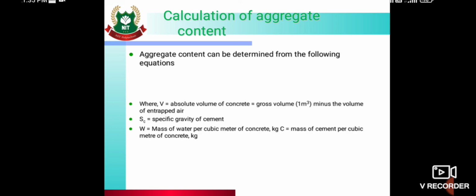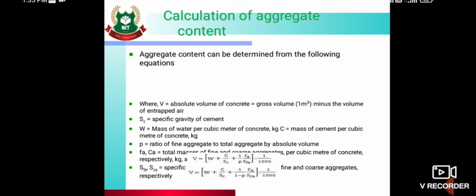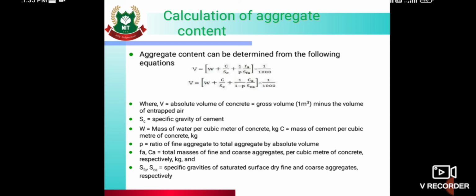Then calculation of aggregate content. Aggregate content can be determined from the following equation. V is equal to W plus C by SC plus 1 by P into FA upon SFA into 1 upon 1000.